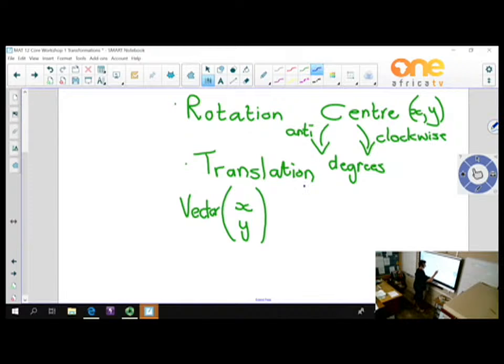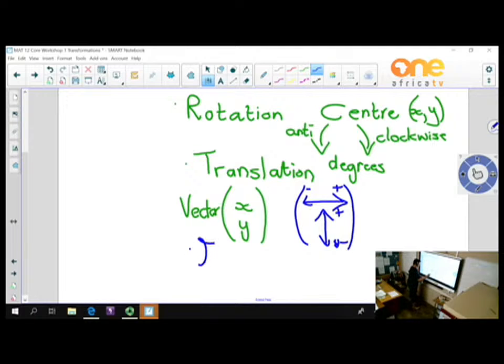The meaning of that is, if you go to the right, this is positive and to the left it is negative. If you go up, it is positive, and if you go down, it is negative.